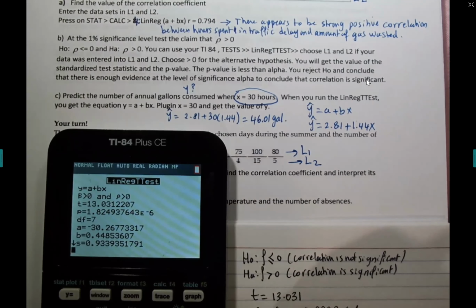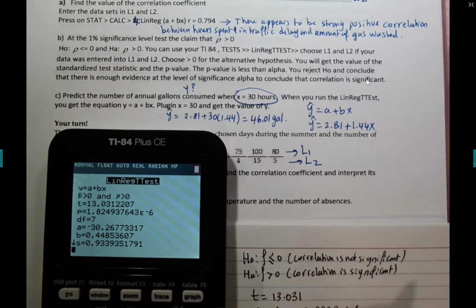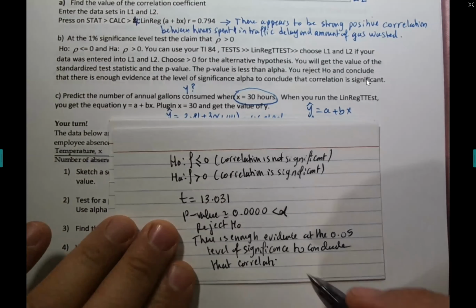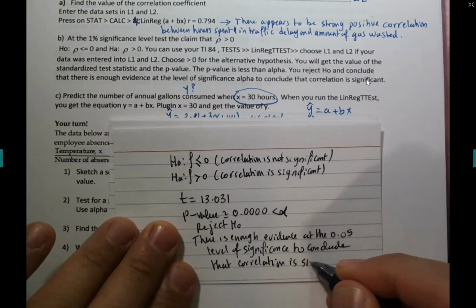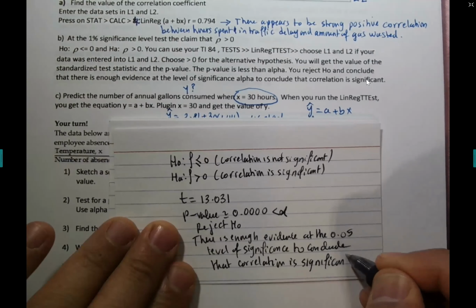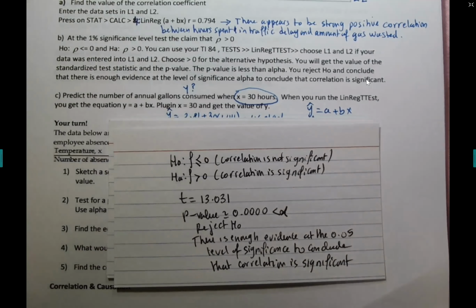In conclusion, there is enough evidence at the 0.05 level of significance to conclude that correlation is significant between the temperature and the number of absences.